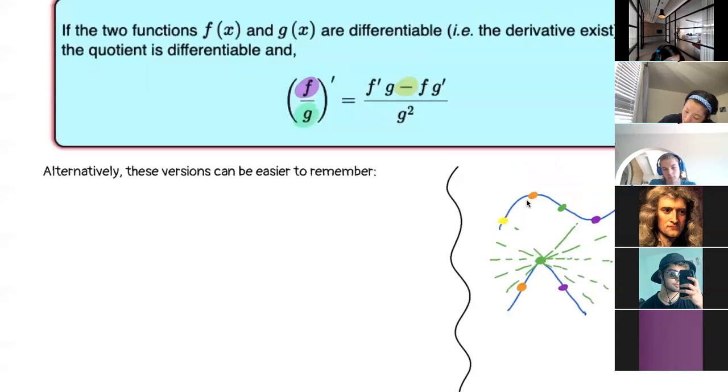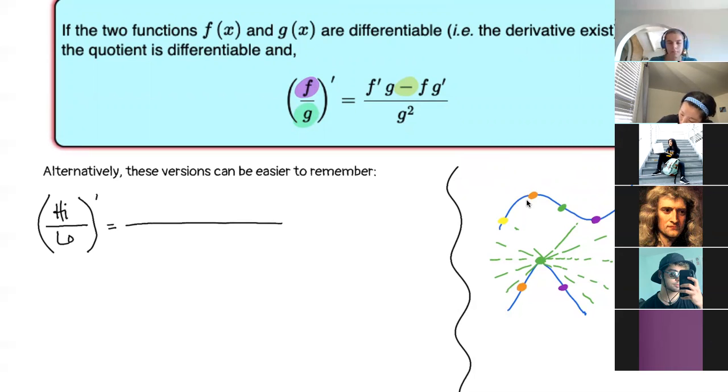Some folks like to say that if you have a function on the top, it is higher than the one below, which is lower. And so if we were trying to use the quotient rule here, we end up with low d high. So d is like a derivative.